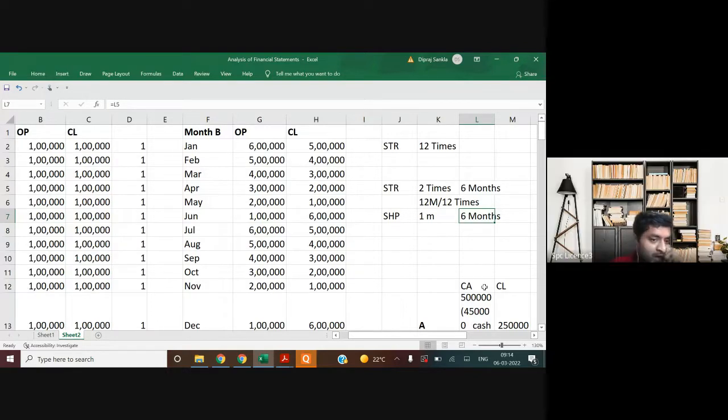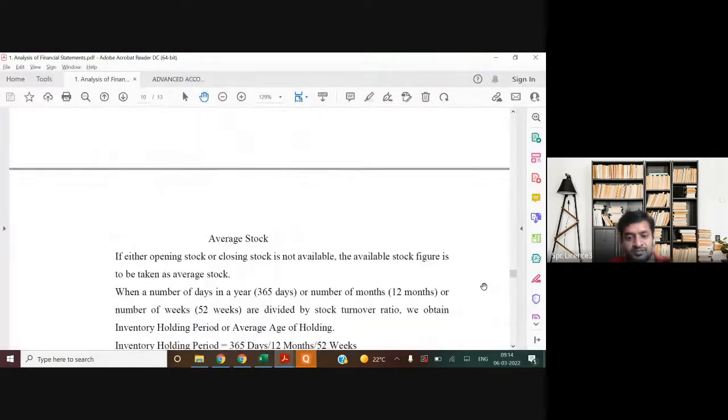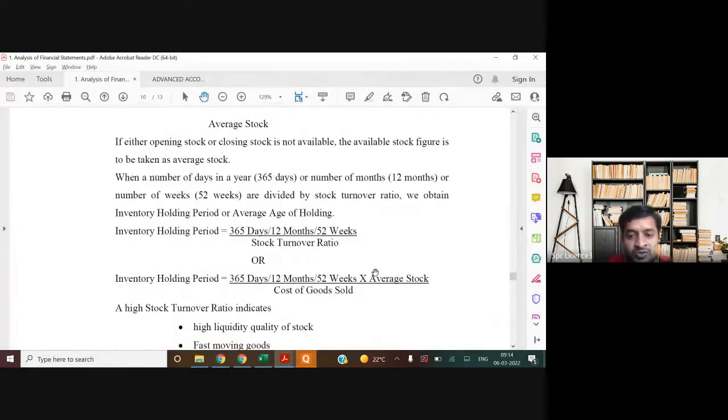So what is the formula of stock holding period? How will you identify for how long stock is stored in inventory, how long it was held in the company on average? We divided 12 months by the stock turnover. See the formula: 12 months divided by stock turnover ratio.